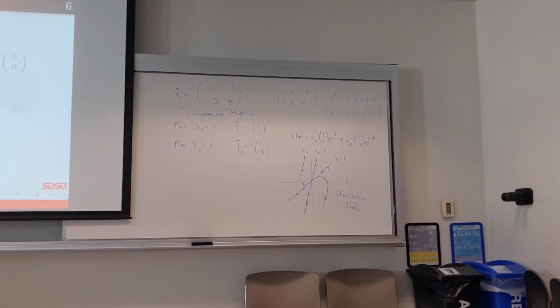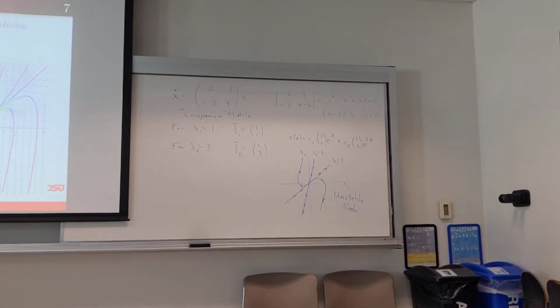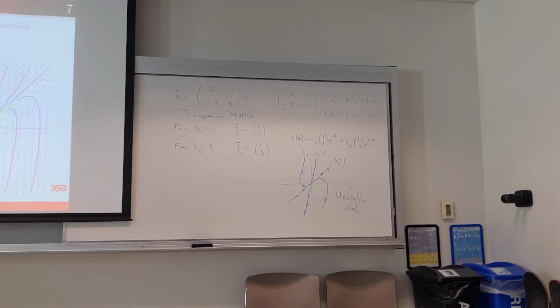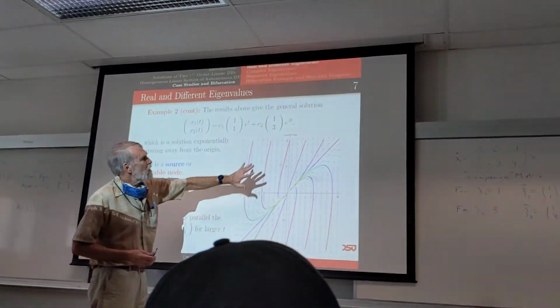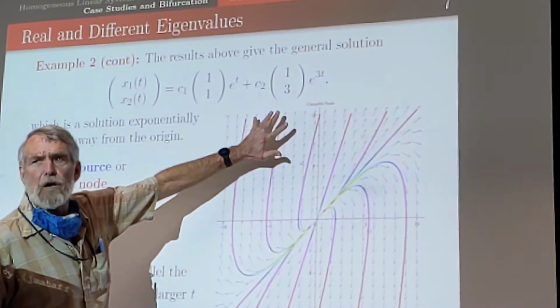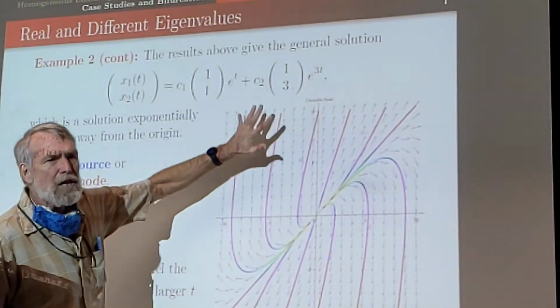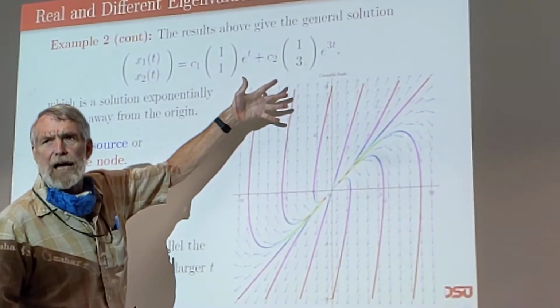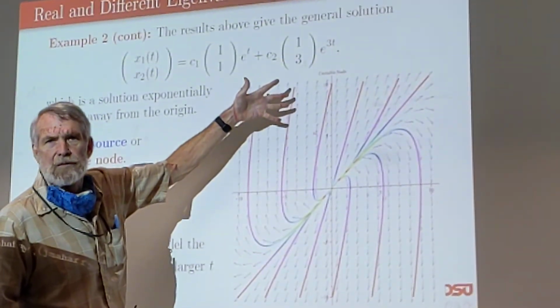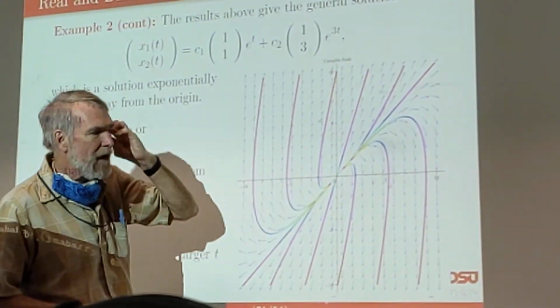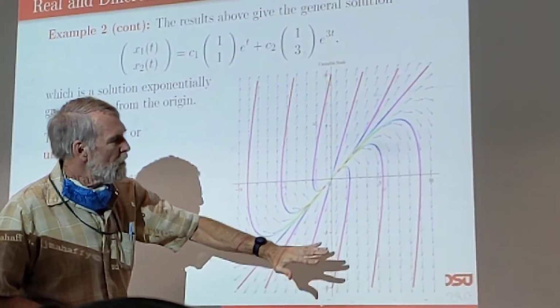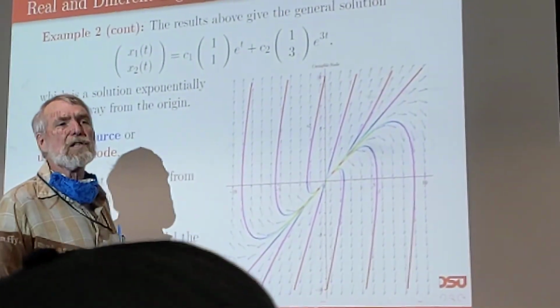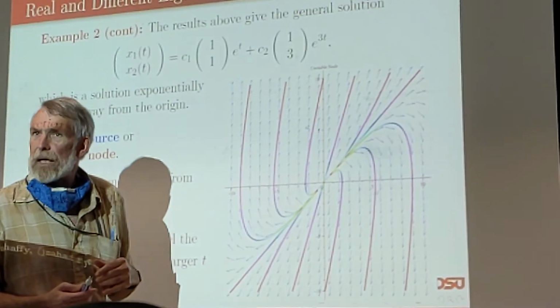So the slides just go through doing exactly what I just did. And this helps you: as you get further from the origin, the direction of the flow should be going along with the largest eigenvalue. And if you look backwards in time, what's decaying most slowly?